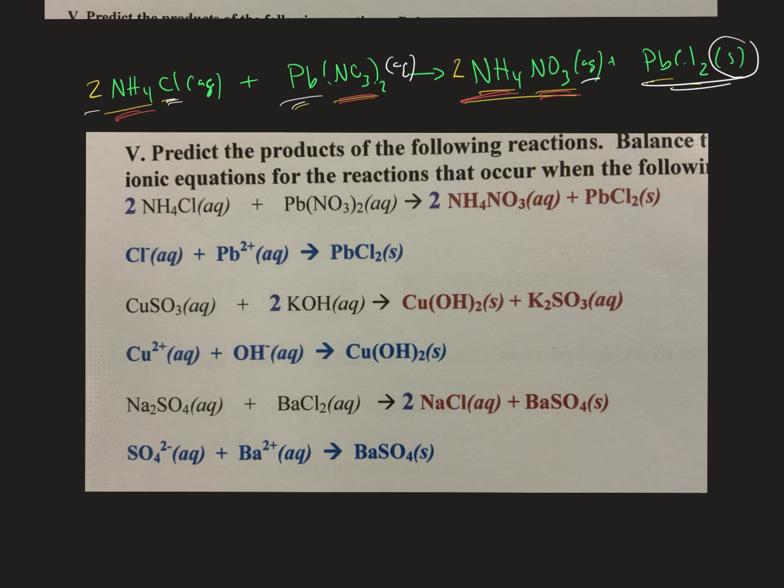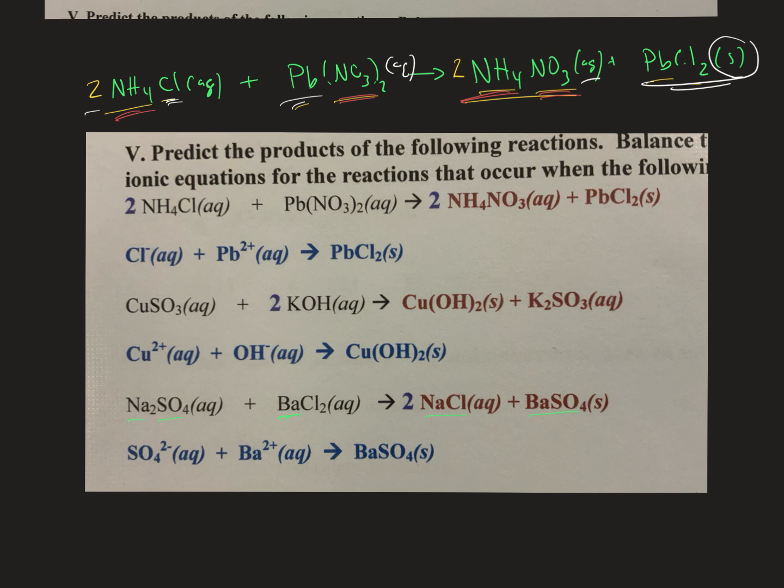If you could explain the last one, that would be nice. All right. So this one here, sodium and barium swap partners, right? So sodium chloride and barium sulfate. Barium is a 2 plus ion. Sulfate is a 2 minus. Cross the charges. Make sure you do it correctly.